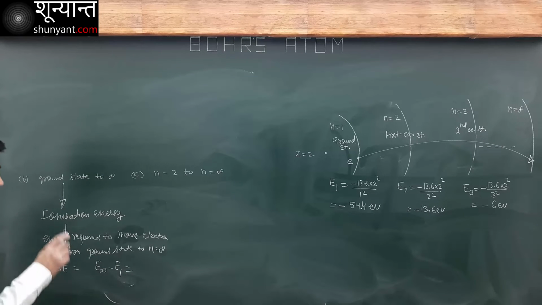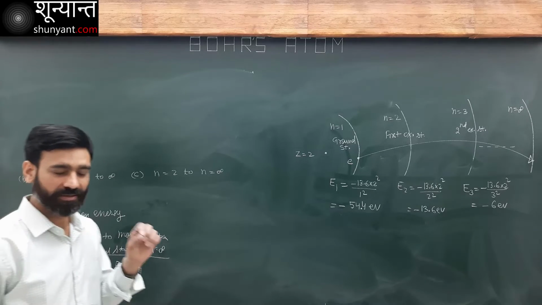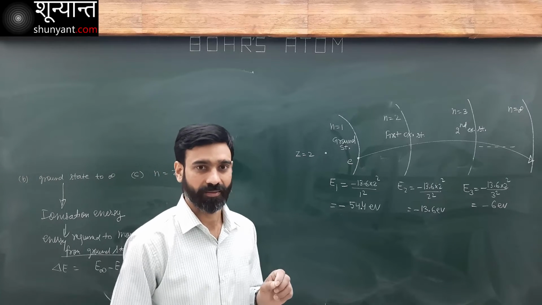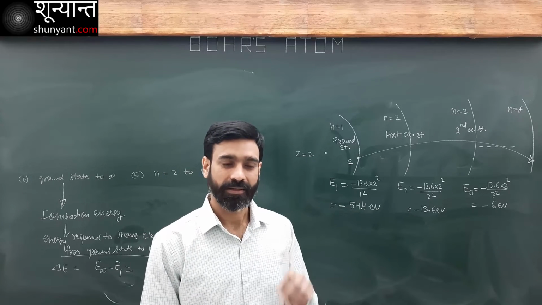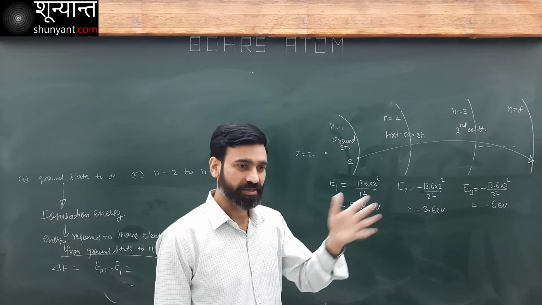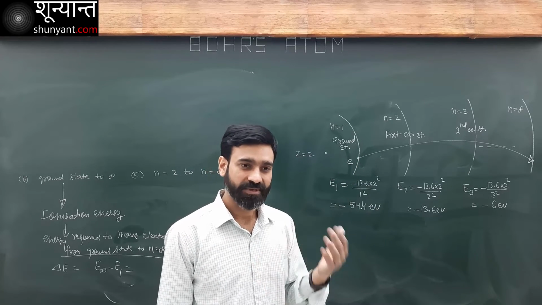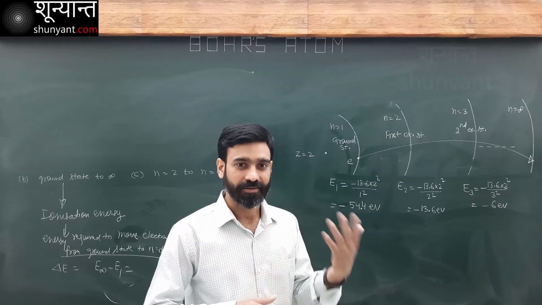Ionization, very important. To move electron from ground state. It's a very important term. You see, electron can be in any state. It's not that electron is always in the ground state. It keeps on changing. That's how matter radiates.